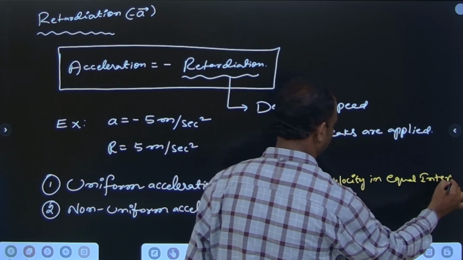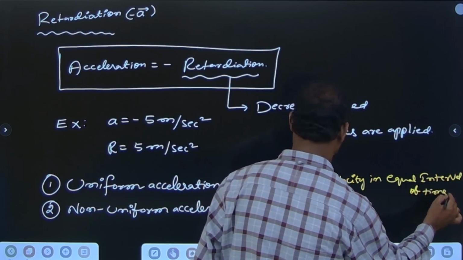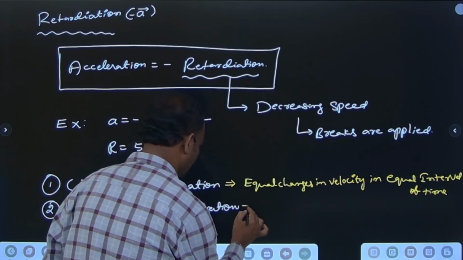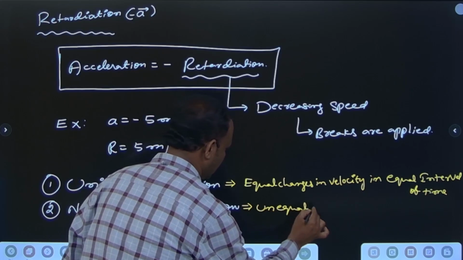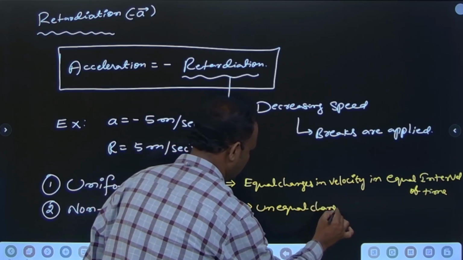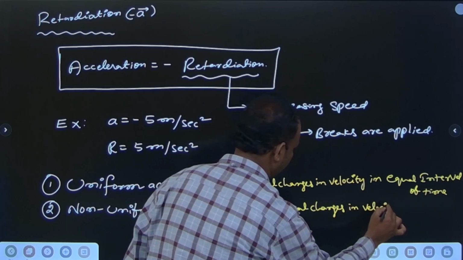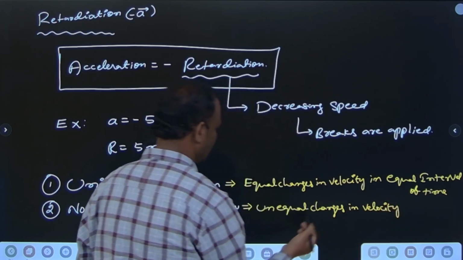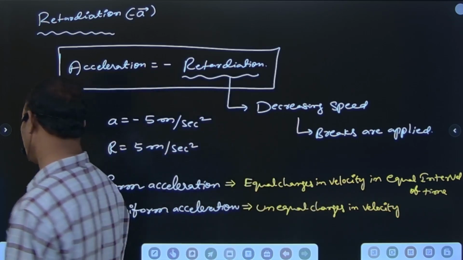Non-uniform means unequal changes in velocity in equal intervals of time.